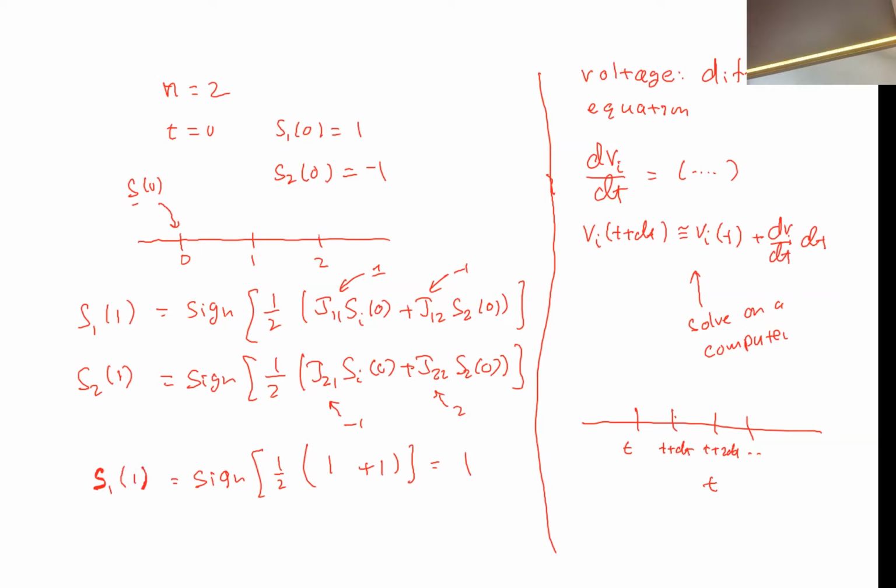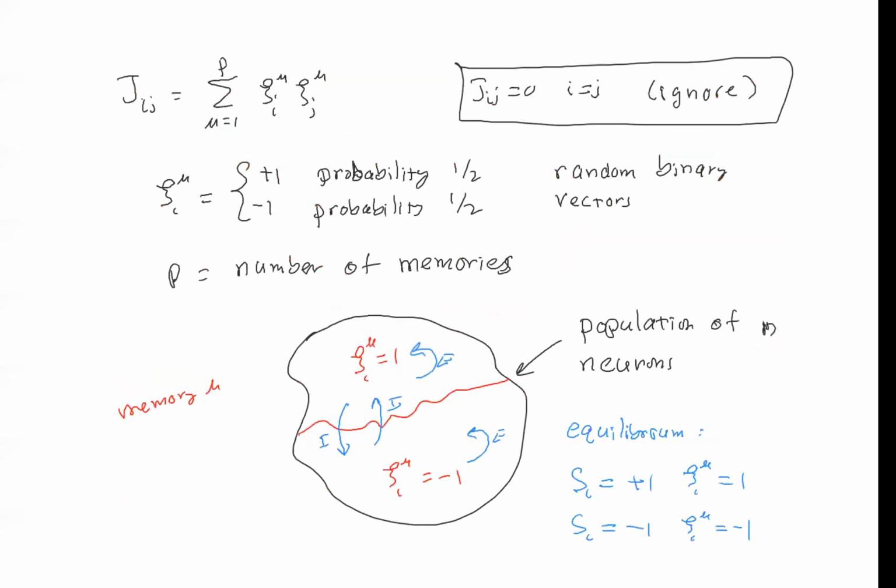J is just, let's go back to J. What happens is we choose all these random numbers, and then we collect all the random numbers, and so J just becomes a number, right?